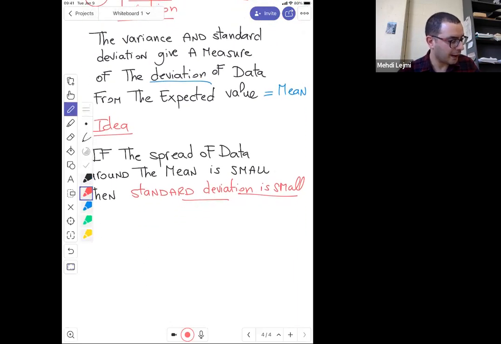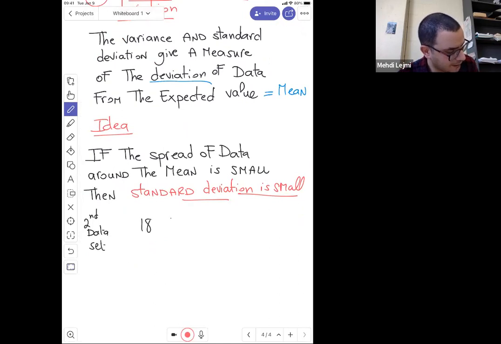So for example, I'm gonna just use my example. If you take this second data set, we have 18, 19, 20, 21, 22, right? And we said that the mean in this case is 20.